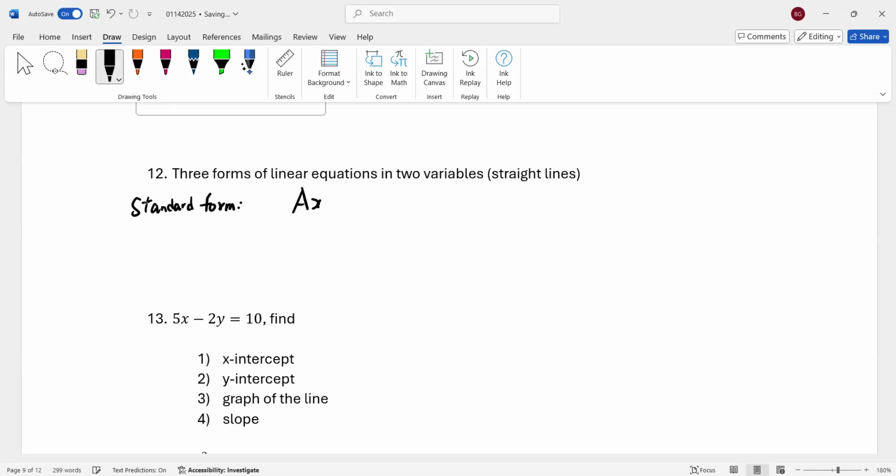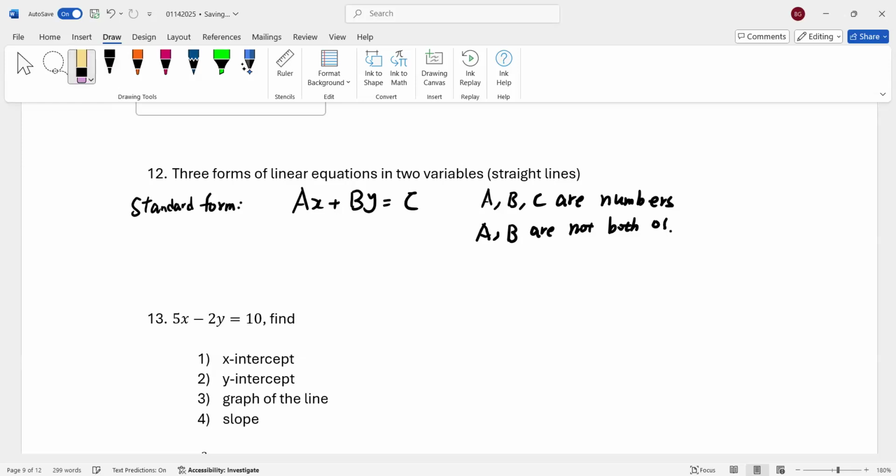It is ax plus by equals c. X and y are the 2 variables. Since we are studying straight lines in the rectangular coordinate system, which is a 2-dimensional space, you have 2 variables, x, y. A, B, C are real numbers here. A, B are not both zeros.